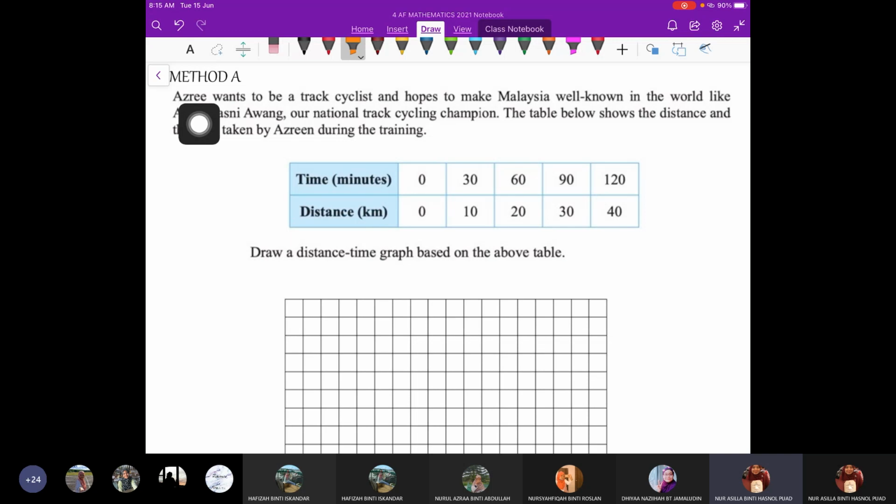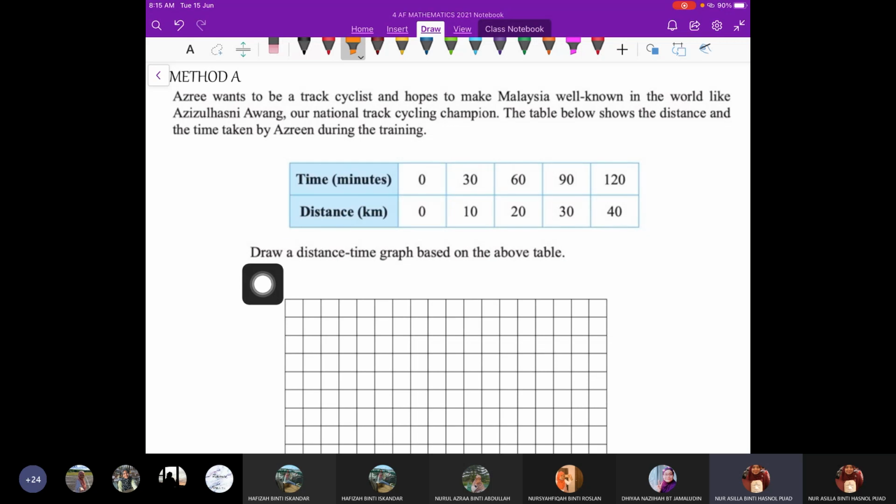Okay, let's look at the question. Azri wants to be a track cyclist and hopes to make Malaysia well known in the world like Azizul Hasni Awang, our national track cycling champion. The table below shows the distance and the time taken by Azri during the training. So dia ada masa in minutes and distance.